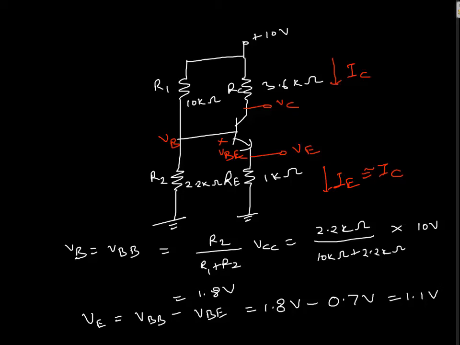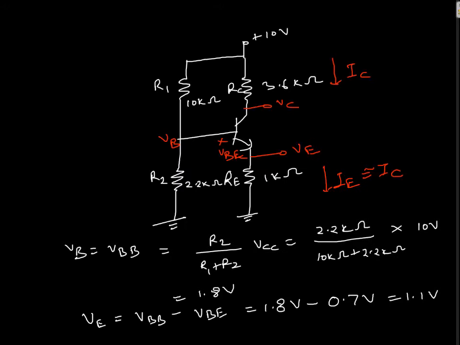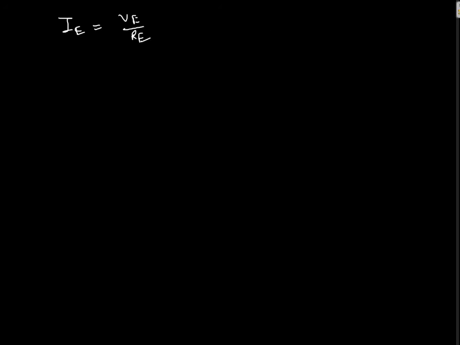Now once we know the value of VE, we can find the value of IE as IE equals VE by RE. In this diagram, this current is IE. So IE will be VE by RE. We just calculated the value of VE as 1.1 volt.